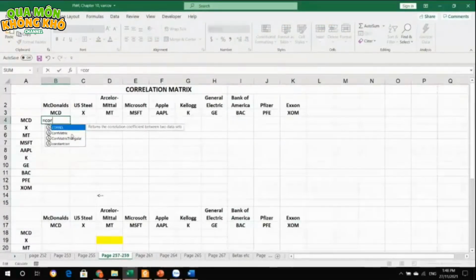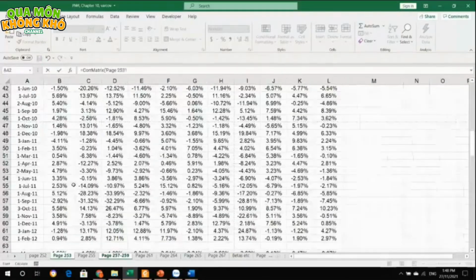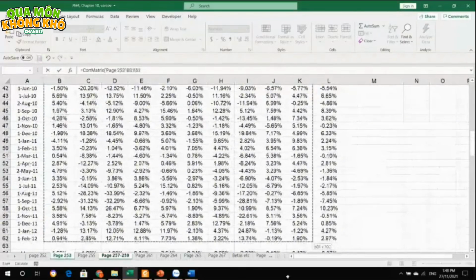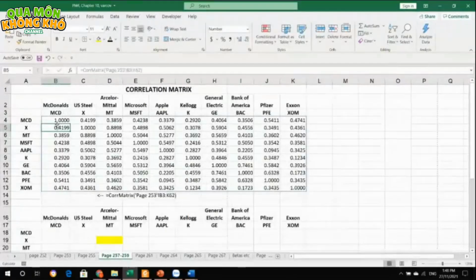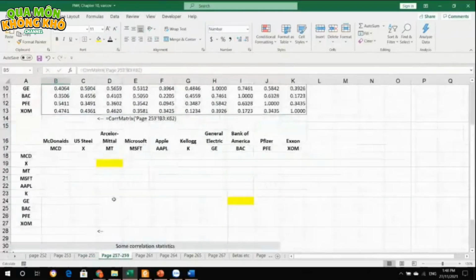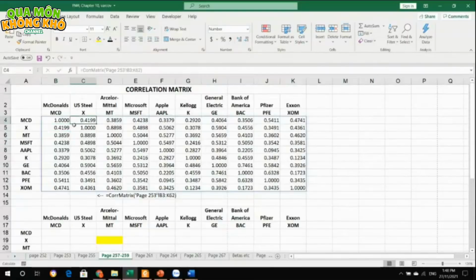In this set, we calculate again the correlation matrix. And you will see in the correlation matrix, the diagonal, the value here and here is the same.